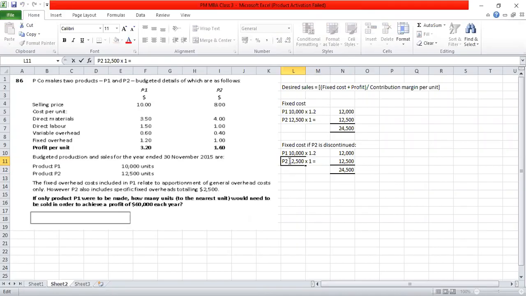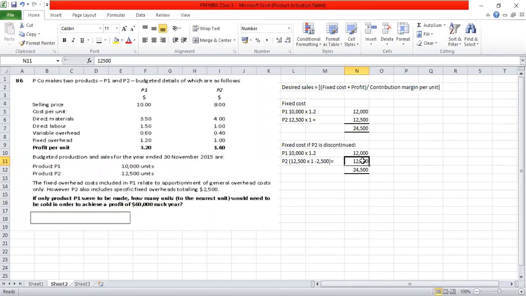That's right. So 12,500 into 1 minus 2,500. So 22,000. Okay, 22,000 is the fixed cost.